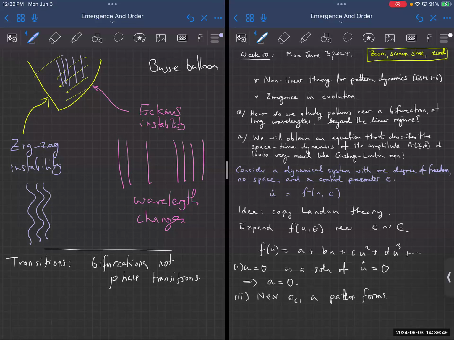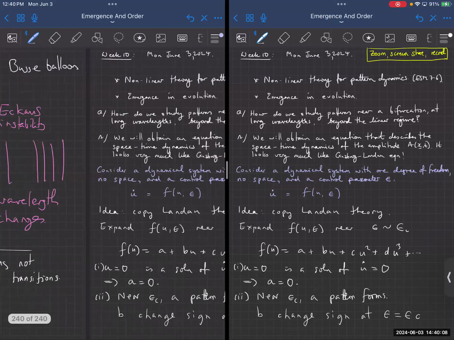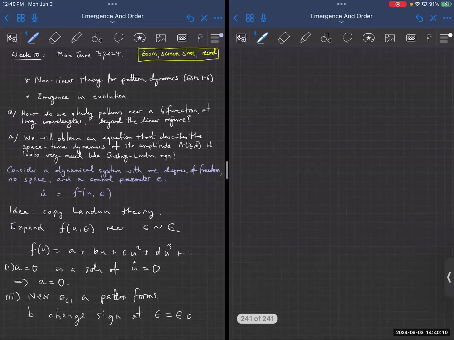Okay, right. So now what we want to do is we want a pattern to form near epsilon C. Specifically, we want B to change sign at epsilon equals epsilon C. So for that to happen, I'm going to say that B is equal to some B naught times epsilon minus epsilon C plus something of order epsilon minus epsilon C squared.